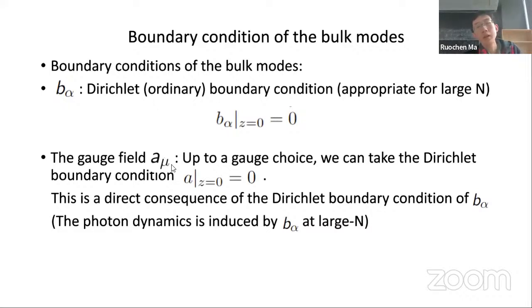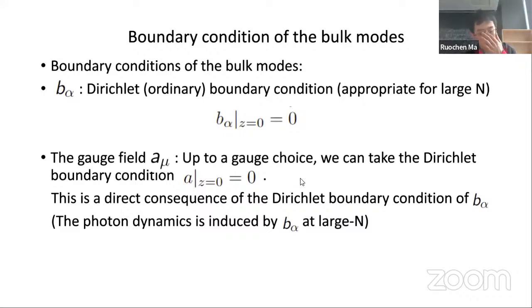And then there is the dynamical gauge field little a. Up to a gauge choice, it turns out that we can also take the Dirichlet boundary condition, which means the gauge field vanishes on the boundary. This is a direct consequence of the Dirichlet boundary condition of the boson field.